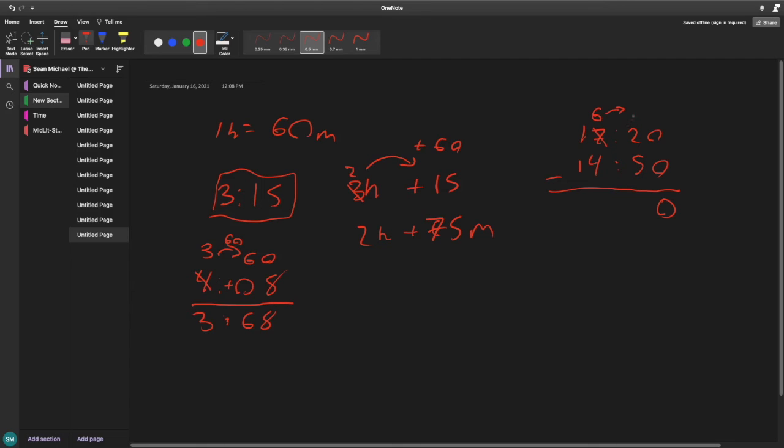Now, in normal math, you would just add a 1 because you're bringing a 10 over, but in this case, you're bringing 60 over, right? What you can do is just write a 6 here and add these two together, so you'll get 80.